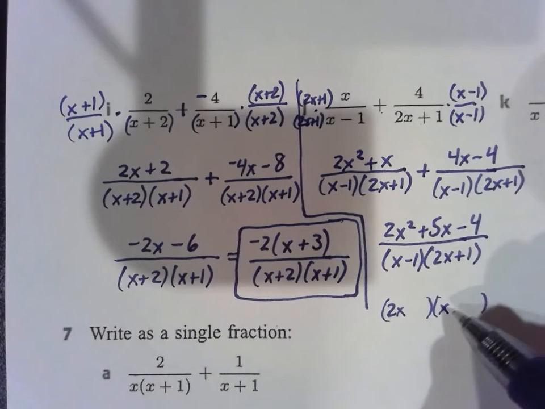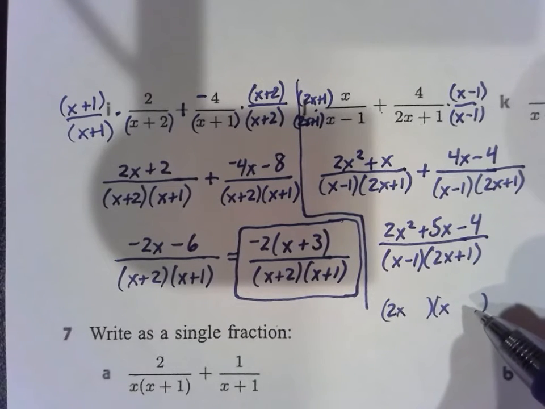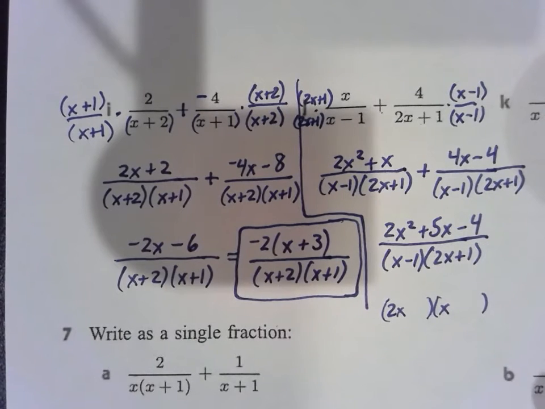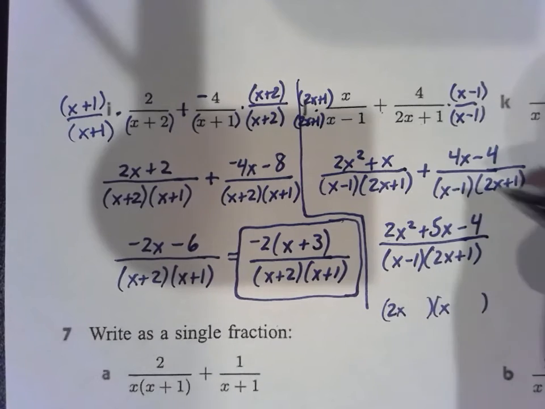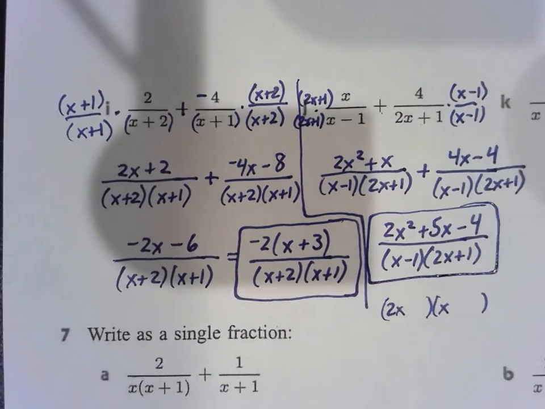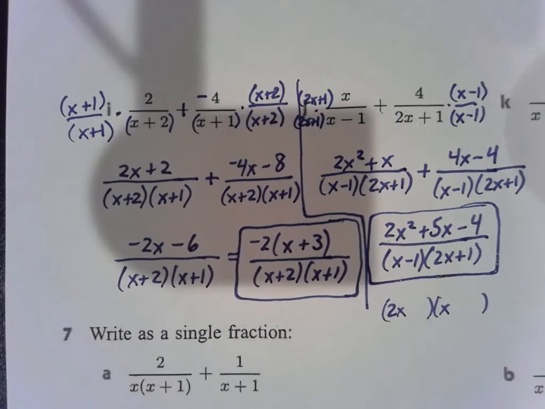But no matter how I set that up, there's no way for me to get a plus 5x. So, because that does not factor, that becomes my simplified form.